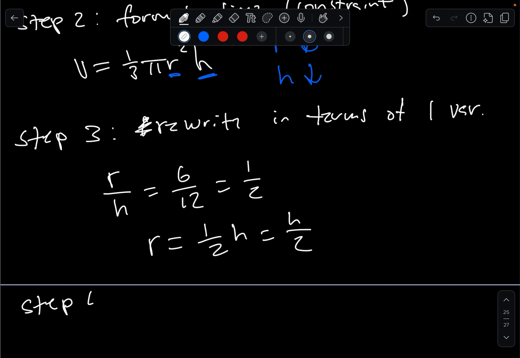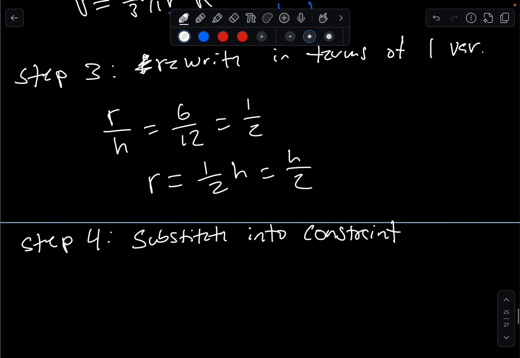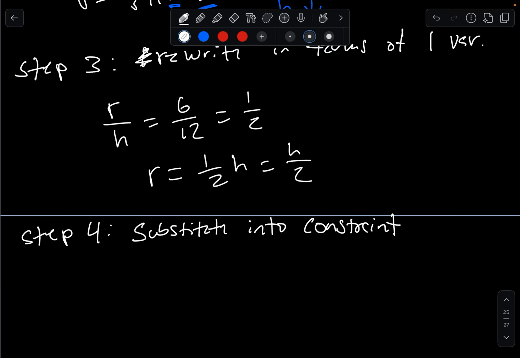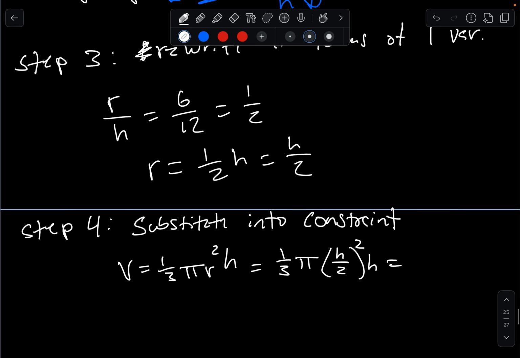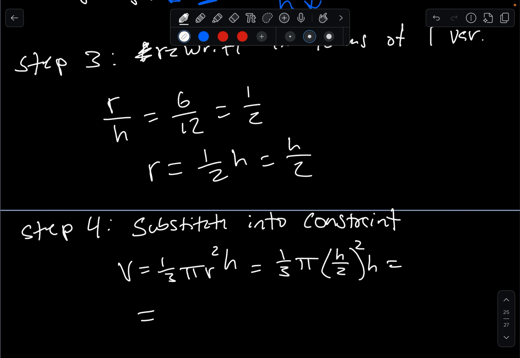So step 4, substitute into constraint. That gives us V equals 1/3 pi r squared times h, which is equal to 1/3 pi times (h over 2) squared times h. Writing it over here, h over 2 squared becomes h squared over 4.